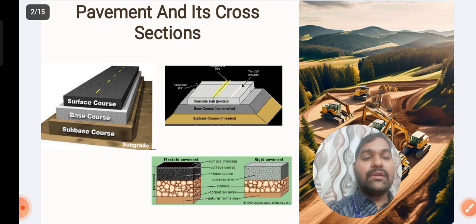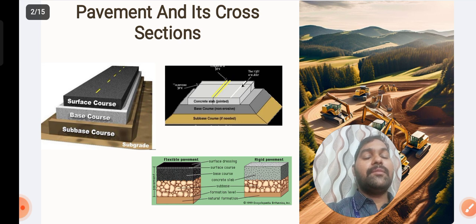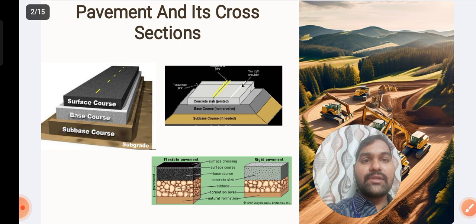If you see the cross sections here, the surface course is bituminous concrete, the base course is maybe fine aggregate, the sub base course is coarse aggregate, and the subgrade finally is soil. So that particular element is very important. If you want to construct the pavements, we need some discussion here.